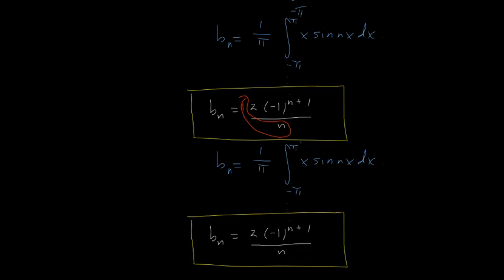Now, the critical step: there's a reason why we calculate that b sub n. We need the b sub n to substitute into our Fourier series to figure out what our f of x is, what our summation is. And the reason why we need the b sub n is because we need to use something called Parseval's identity. This is the next step that changes everything.